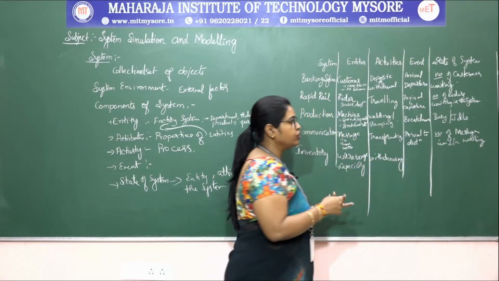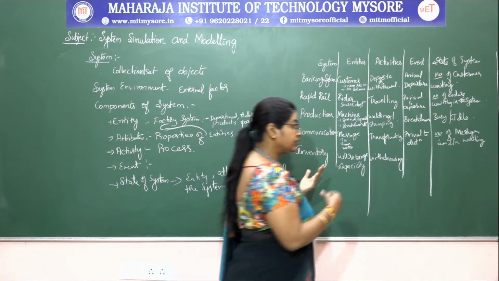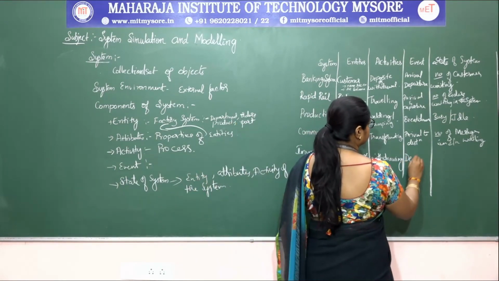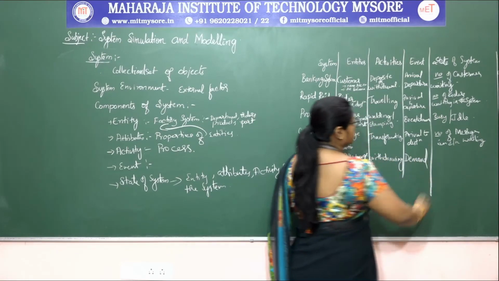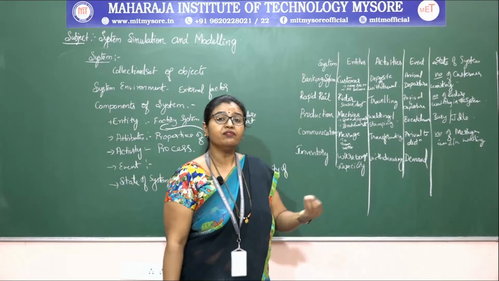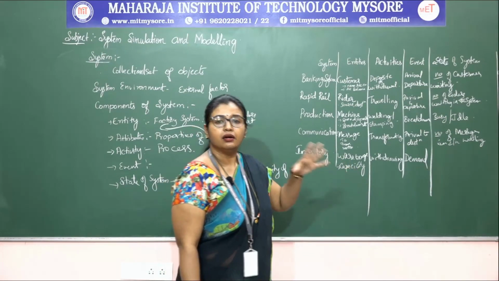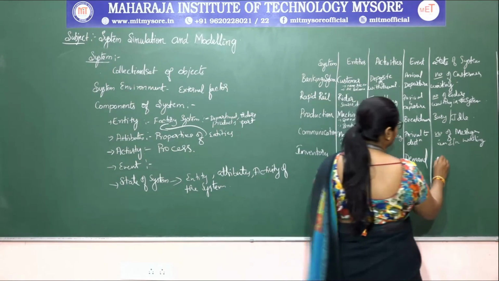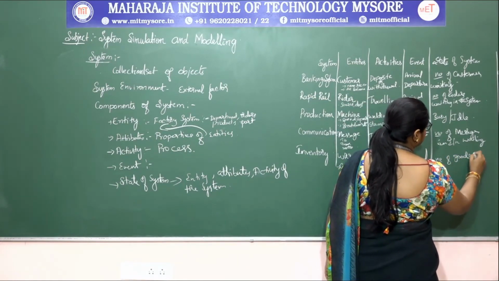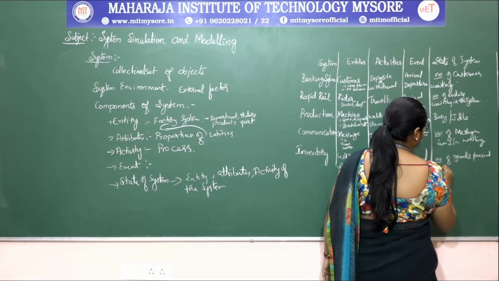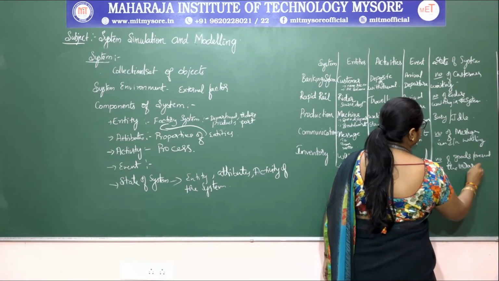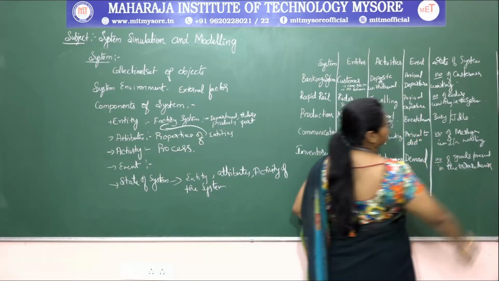So if you want to withdraw this, the demand has to come, right? So that is the event. Then what about the system state? The number of goods present in the warehouse.